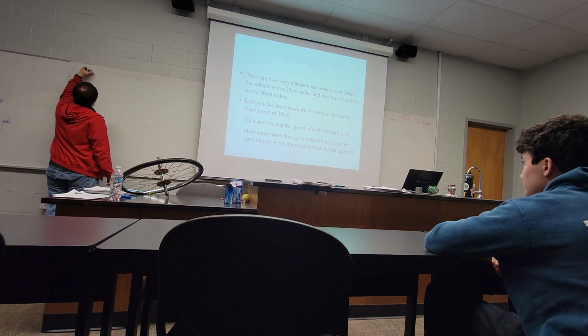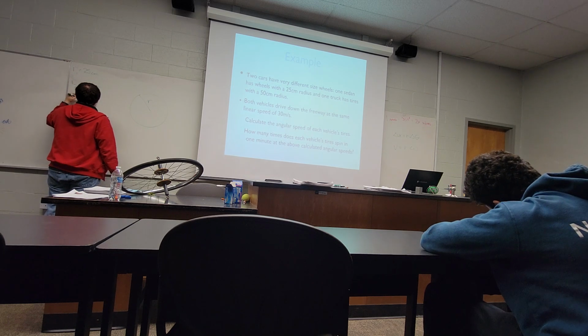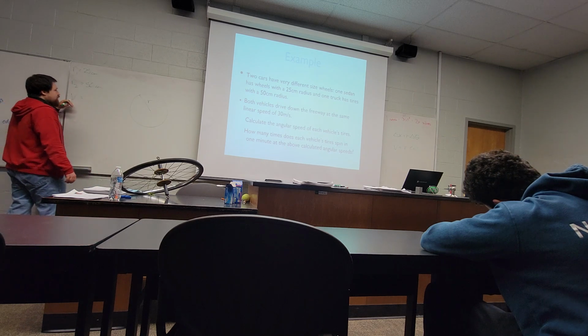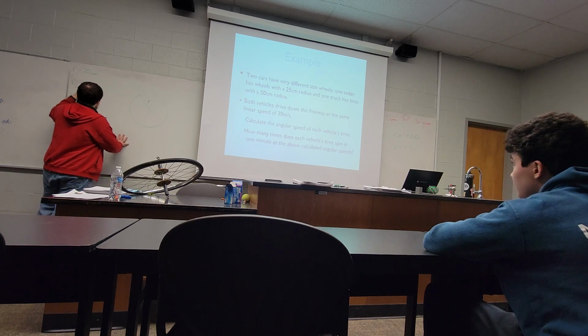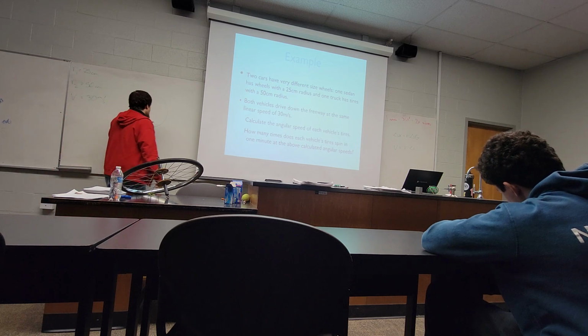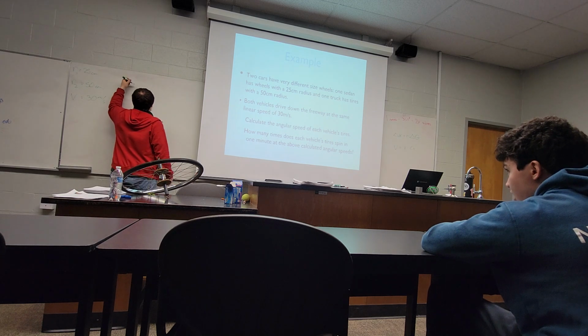R1 is 25 centimeters, R2 is 50 centimeters. Linear velocity, normal English letter v, is 30 meters per second. Both vehicles share that. Both vehicles are proceeding forwards at the same linear speed on the freeway.